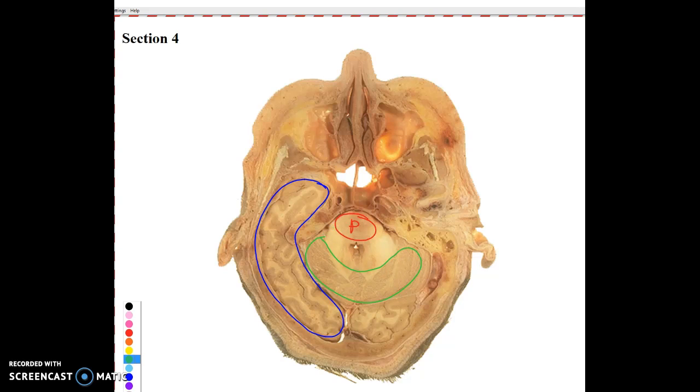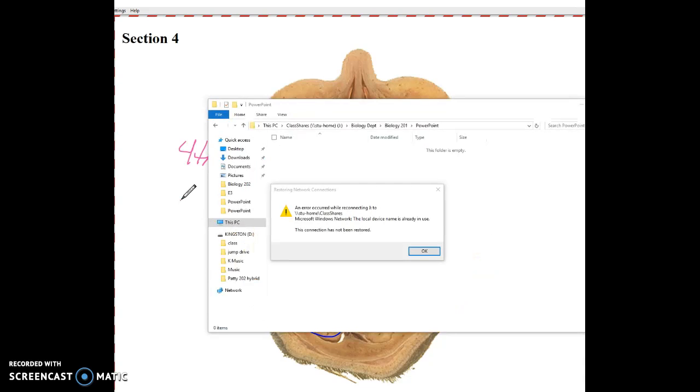And now, because we're a little more inferior than where we were a little bit ago, what was the cerebral aqueduct is now the 4th ventricle. 2 more sections and we're done.